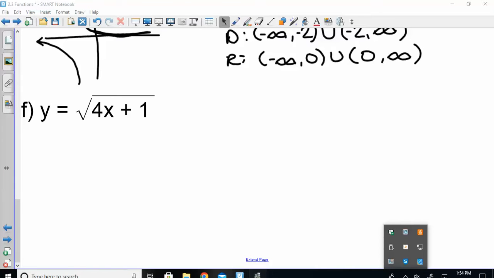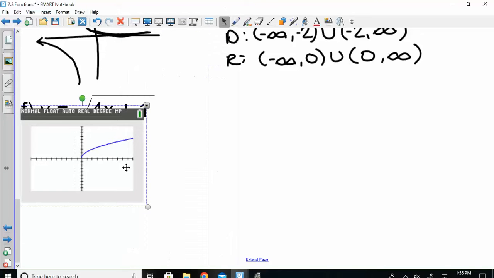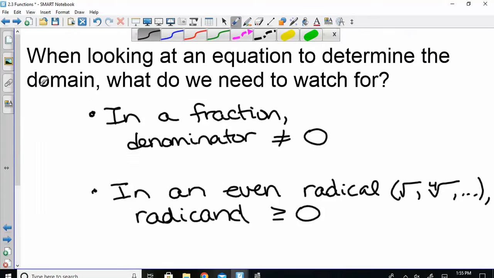So you get your graph. Is it a function? Yes, definitely a function. Domain and range might be a little harder here. So when we look at this, it's really kind of hard to tell exactly where this graph starts and stops. Domain, if you can't tell from the graph, which I really can't, I gave you a rule to help.